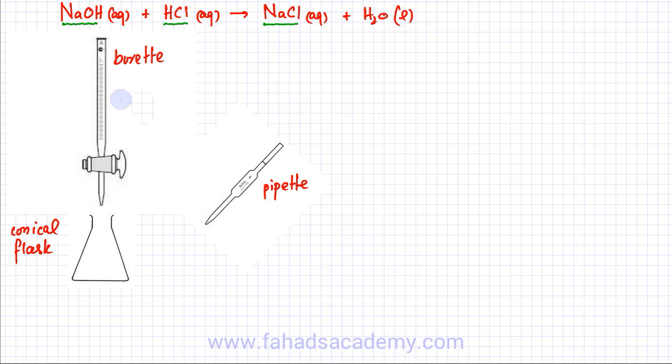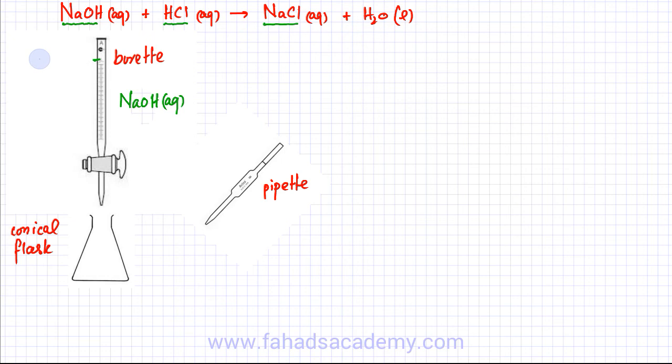So let's take NaOH. I've filled this burette with NaOH aqueous. Let's say this is my starting point. I fill the burette to this mark, which is generally the 0 cm cube mark.